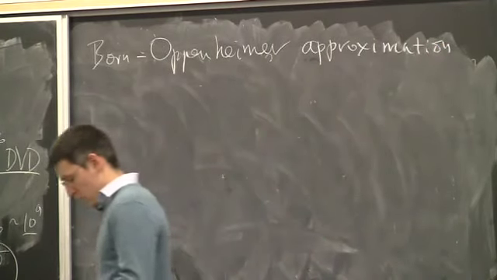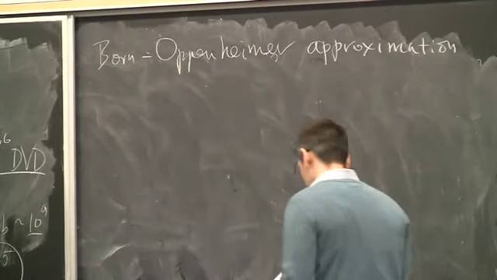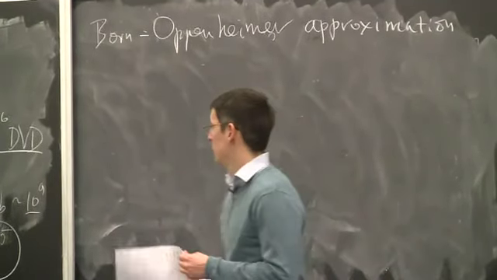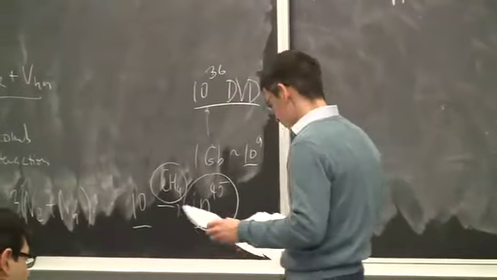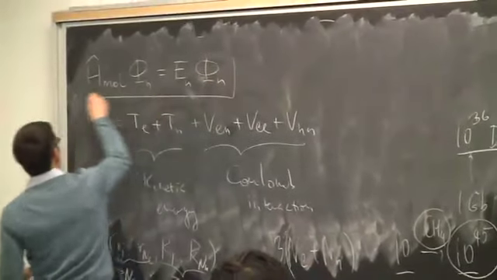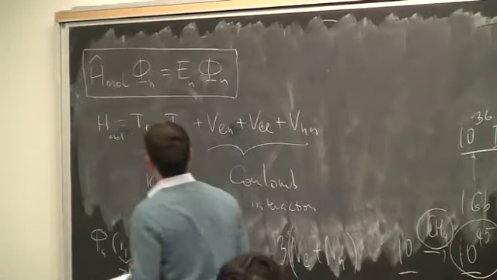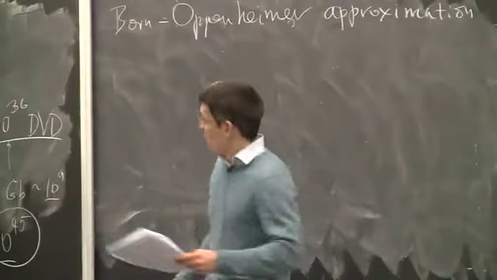Okay, so Born and Oppenheimer came up with this idea to separate electrons and nuclei, and to solve the problem, namely this time-independent Schrödinger equation. Although this approach can be used for time-dependent as well, let's focus on time-independent.